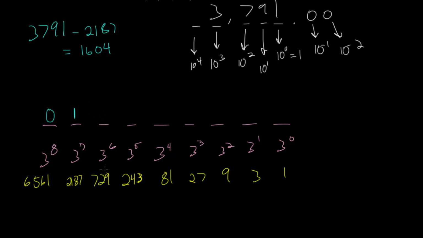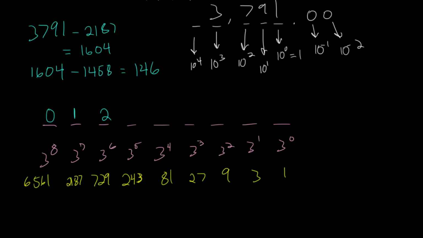Since if we double 729, we get 1,458, so we can put a 2 in there. But we're going to take our 1,604 and subtract off the 2 in this 3 to the 6th place, or this 1,458. Again, I'm just doubling this number.